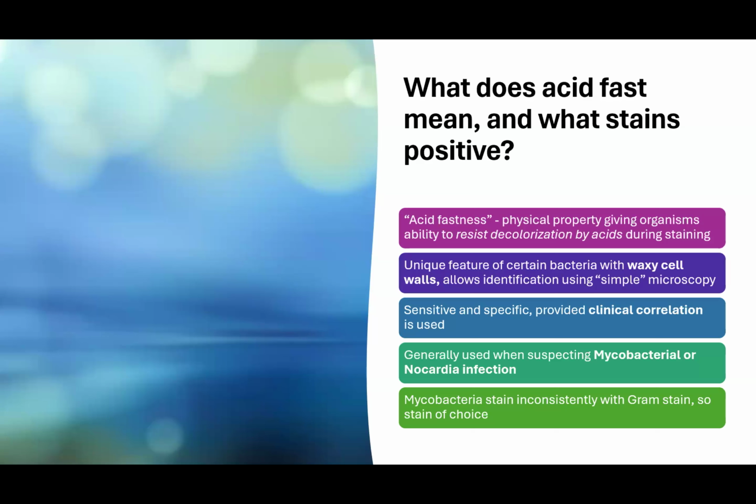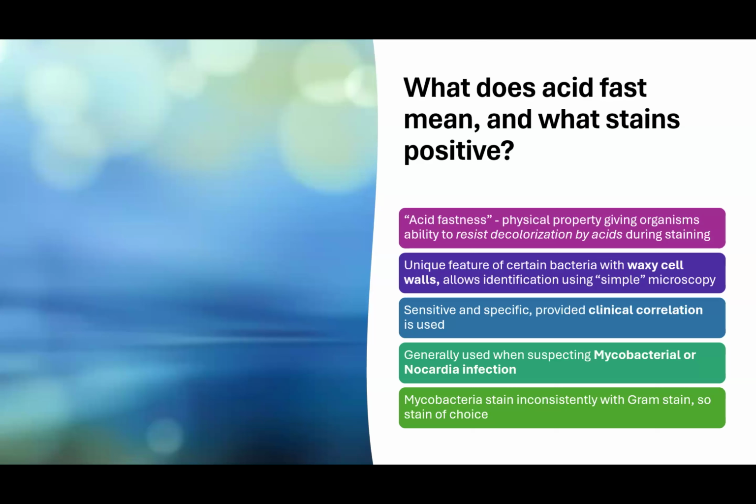So it resists decolorization by acids during the staining process. So it holds on fast to its color. And like I say, it's because of certain bacteria which have this waxy cell layer in their wall.